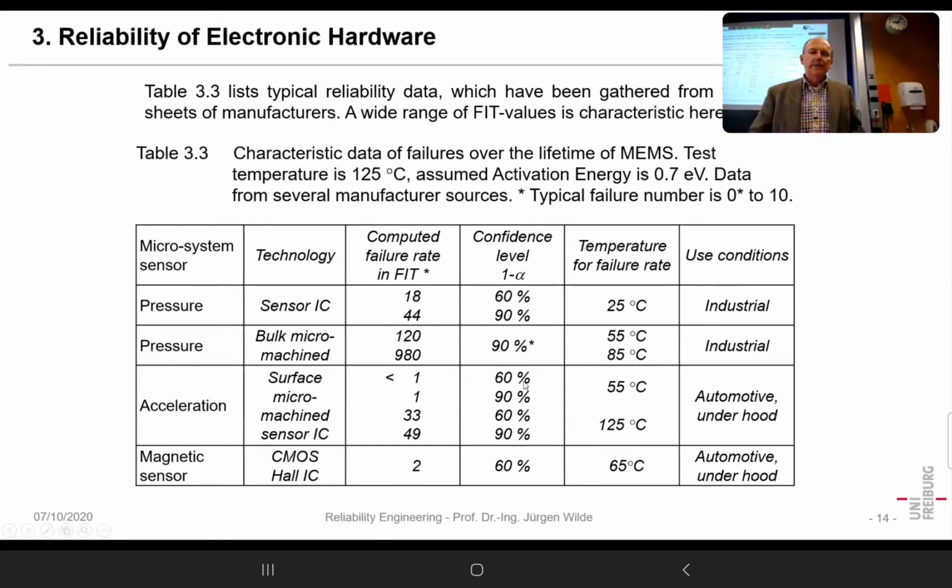Also, the customer wants to know: is it better than that? He doesn't want to know: is it worse than that? So it's a limit, and you must be below it.